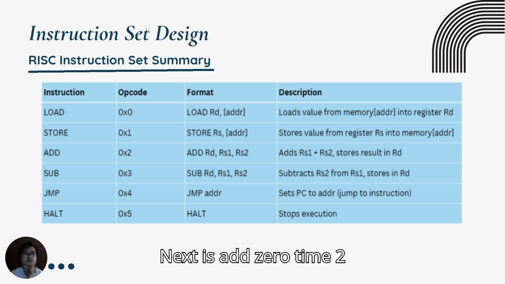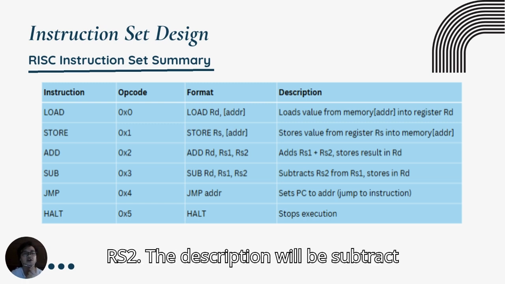Next is add, 0x2, in the format add RD, RS1, RS2. The description is: add RS1 plus RS2 and store the result in the destination register. Next is sub, 0x3, in the format sub RD, RS1, RS2.